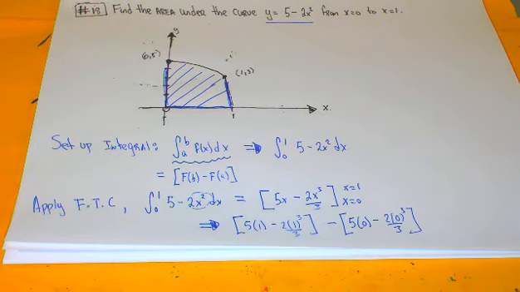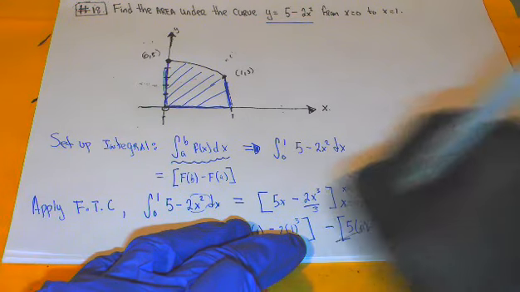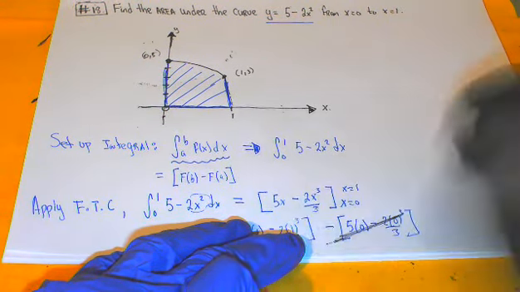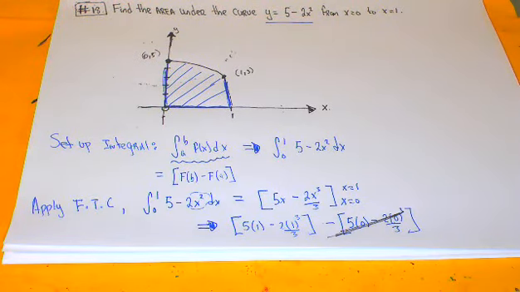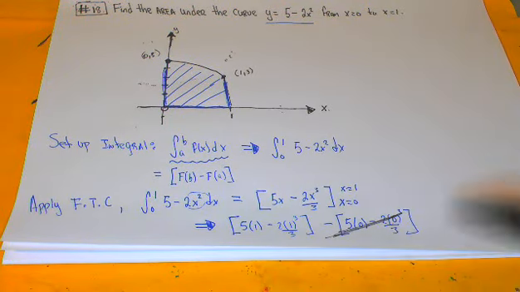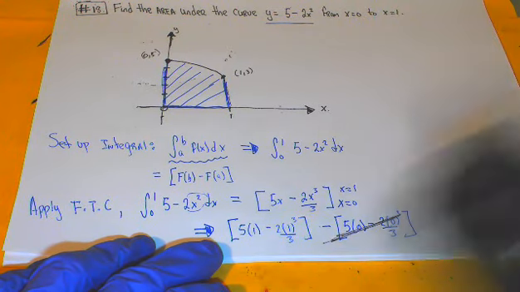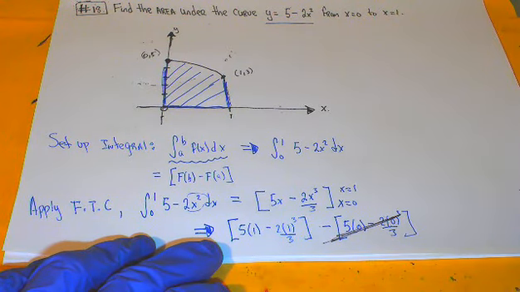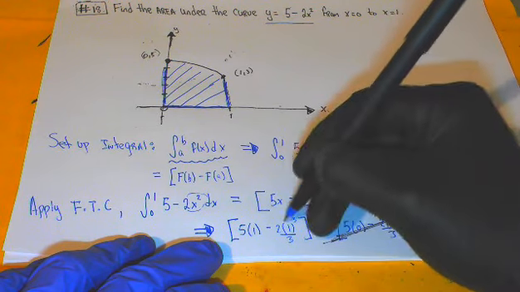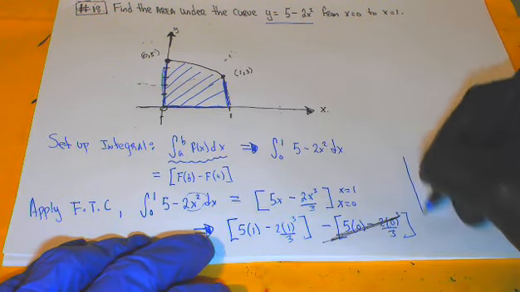That piece goes away because 5 times 0 is 0 and 0 cubed is 0, so all of that is 0. So we just have to worry about the difference 5 times 1 minus 2 times 1 cubed over 3.